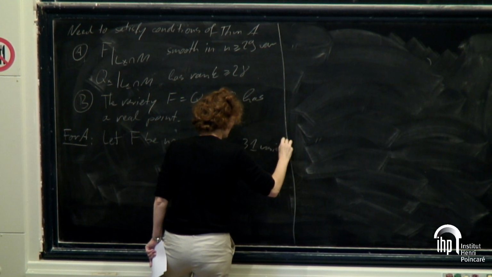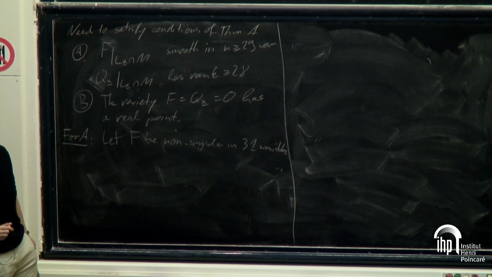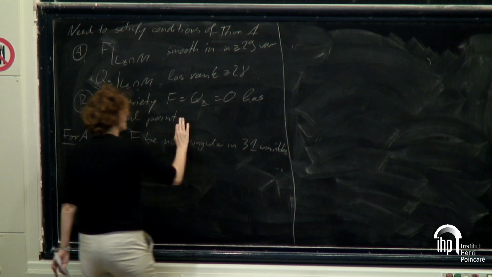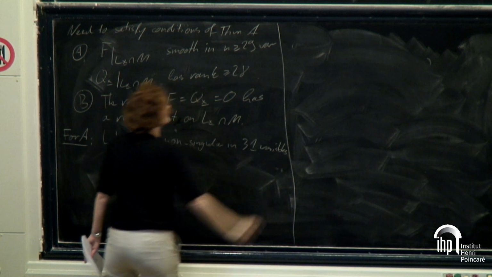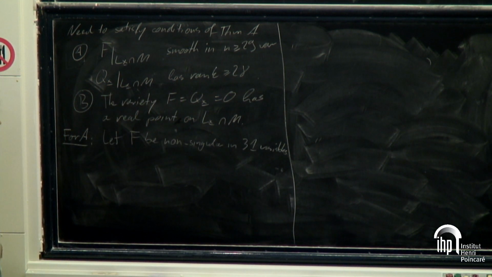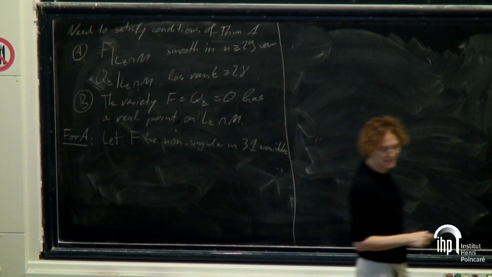So, let's start by assuming that we have a non-singular form in 31 variables. We're going to restrict to Lx.